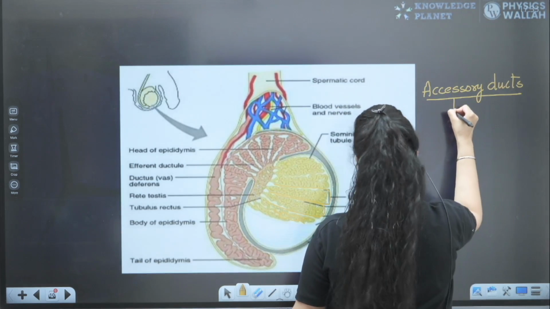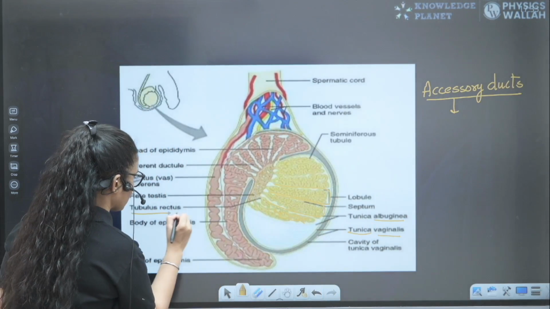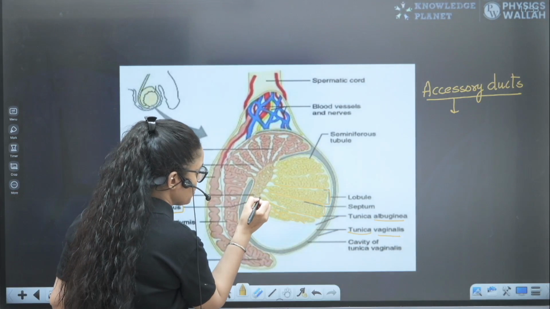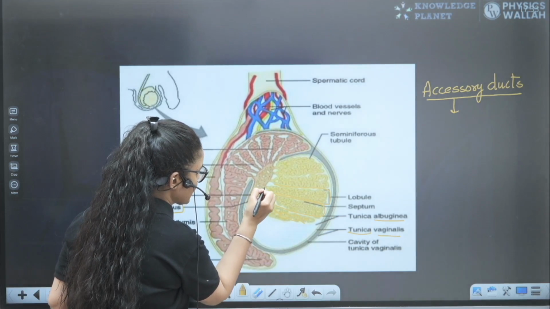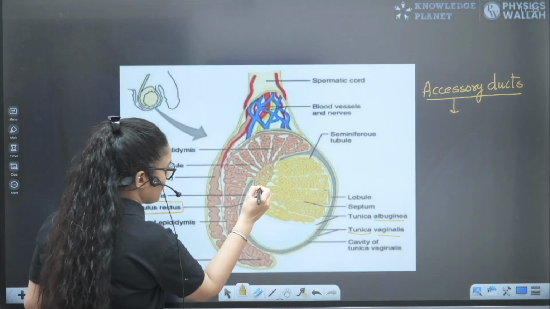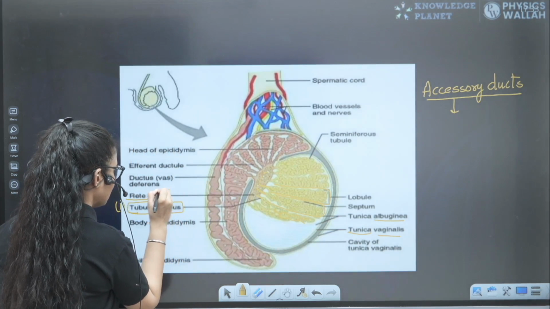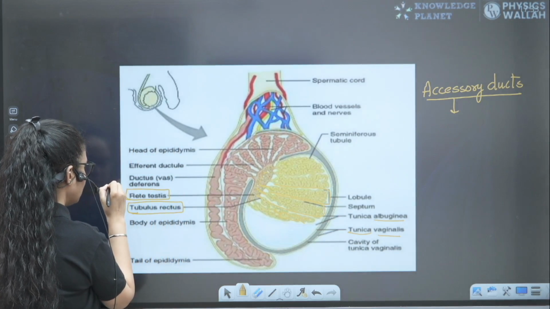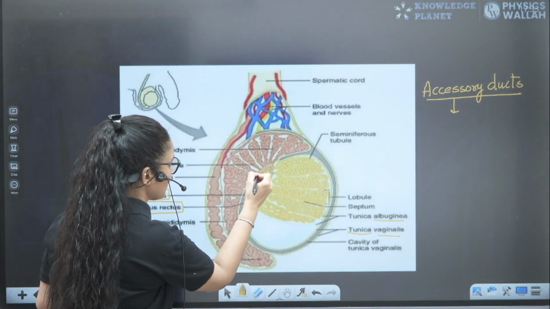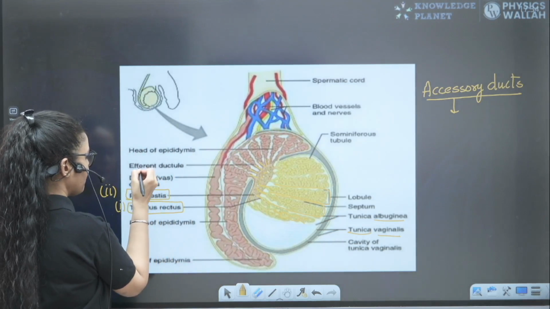Accessory ducts have these small tubuli recti. The first tube where the seminiferous tubule opens is known as tubuli recti. Then it opens into small tubes known as rete testis. So the second tube is the rete testis. The rete testis opens into the tube known as vas efferentia, or efferent ductus.